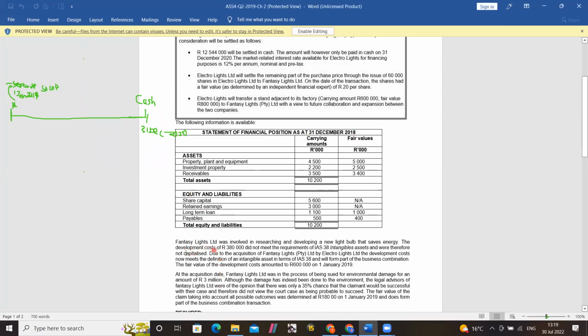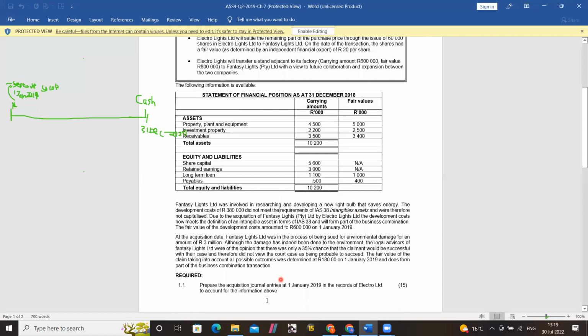And then they said Fantasy Lights was involved in researching and developing a new light bulb that saves energy, right? So, okay, before we go there, I think we can start with the required, right? The required says prepare acquisition journal entries at 1 January 2019 in the records of Electro Light Limited to account for the information above, right?